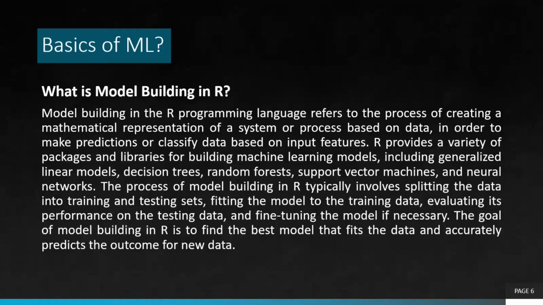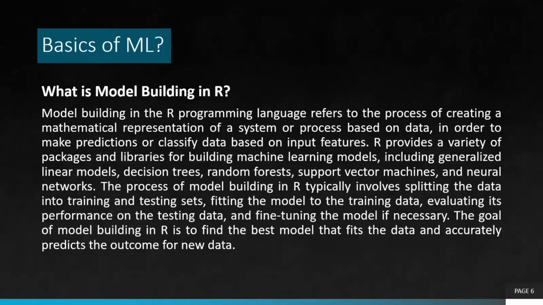The process of model building in R typically involves splitting the data into training and testing sets, fitting the model to the training data, evaluating its performance on the testing data, and fine-tuning the model if necessary. The goal of model building in R is to find the best model that fits the data and accurately predicts the outcome for new data.